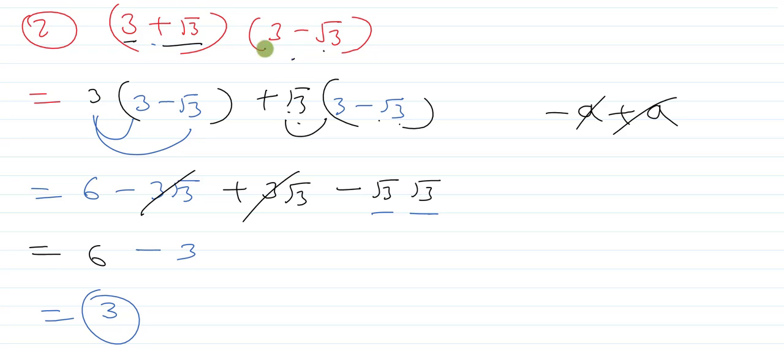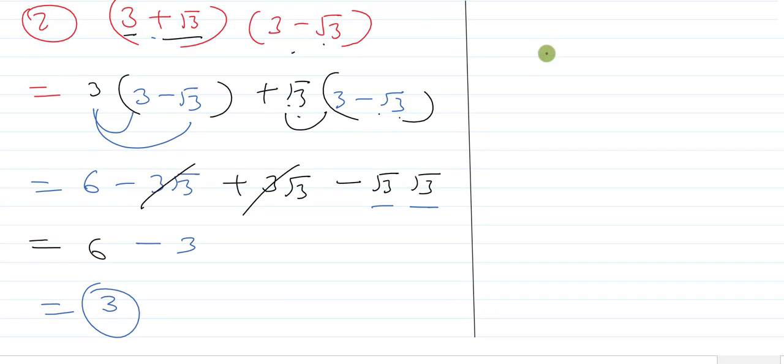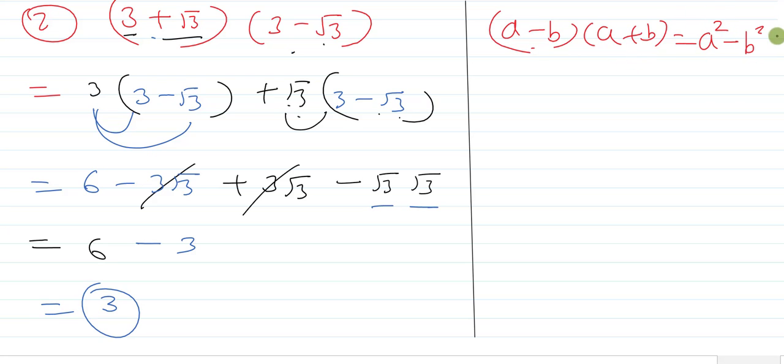Now the second method for the same. You should know the formula a minus b, a plus b. If the same terms are there but only the sign is different, just write first term square minus second term square. A minus b, a plus b formula is a square minus b square. So here you can observe this first term is same, second term is also same.